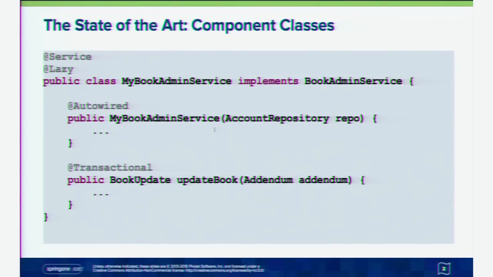Spring is about taking Java in its pretty natural way. At the same time, the Spring component model has very specific core assumptions. The core container manages instances for you. So you need to register components with the core container, or you need to allow the core container to discover components for you and to register them automatically. The components themselves are just Java classes like the one shown here.